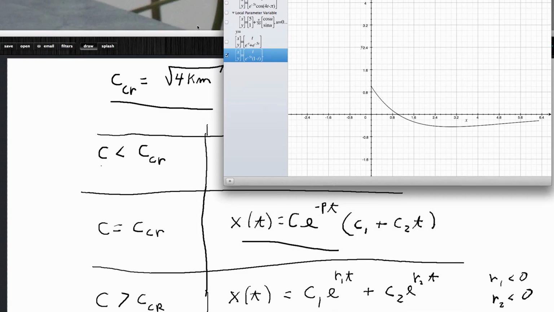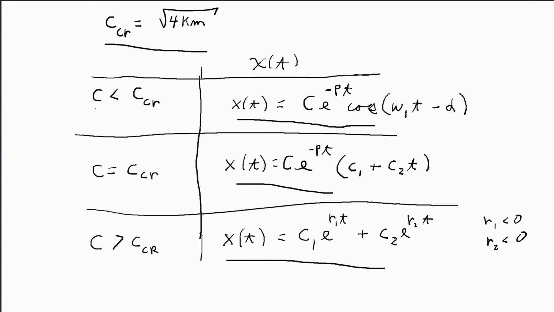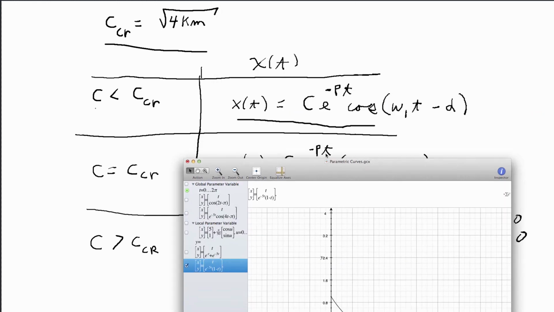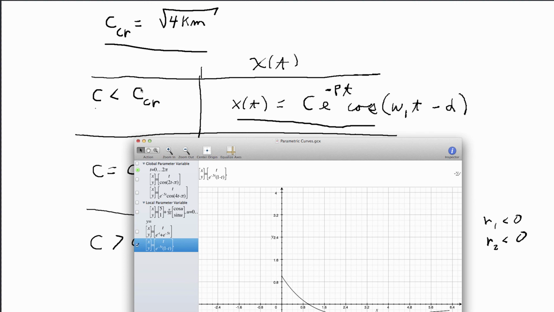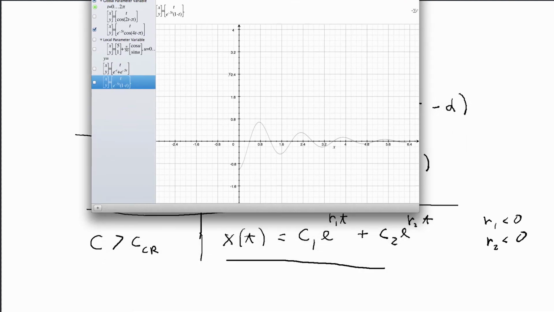Now, the interesting case is when C is less than C critical. Then we get an interesting situation right here, and this is just an example of a graph. Notice how the spring starts, and you can imagine it.